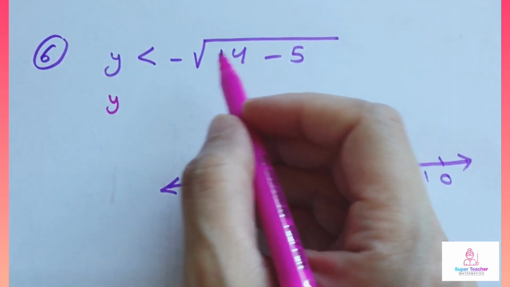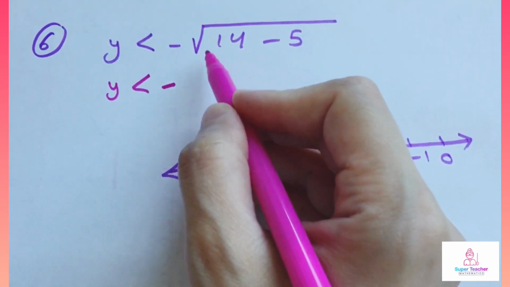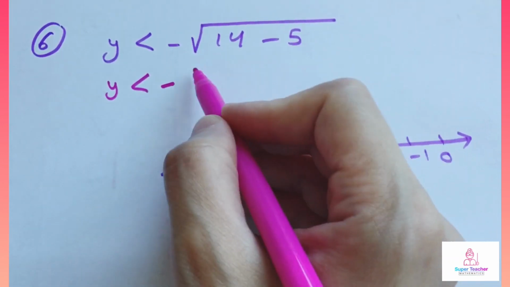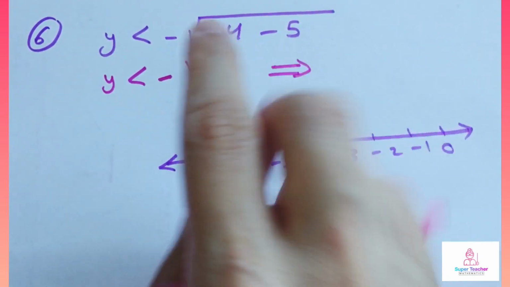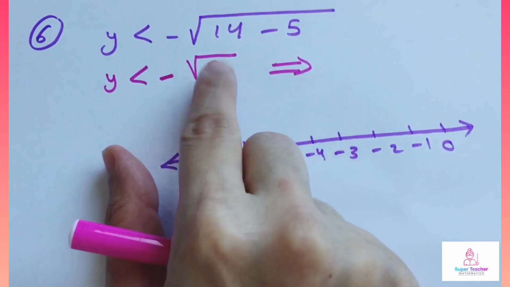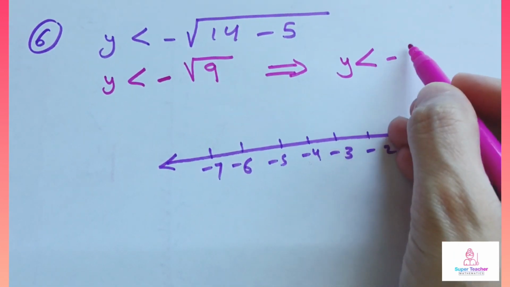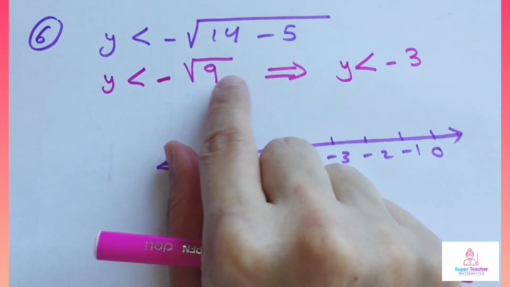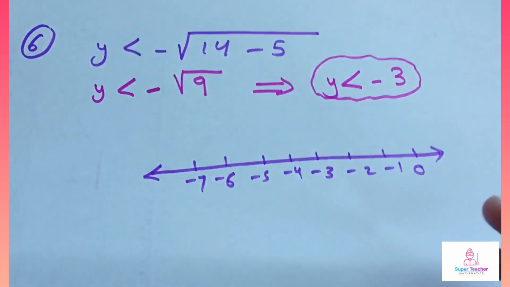Or you can watch it later. Now, 14 minus 5 equals 9. So y is less than negative square root of 9. The square root of 9 is 3 because 3 times 3 equals 9. So this is the answer that I'm going to graph.